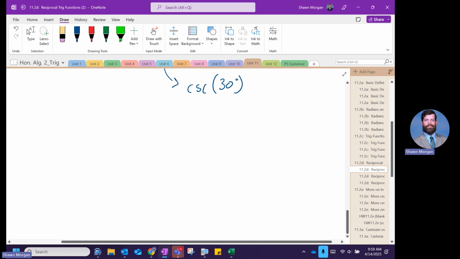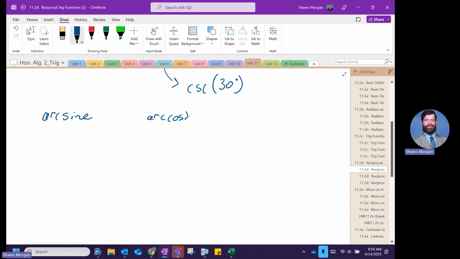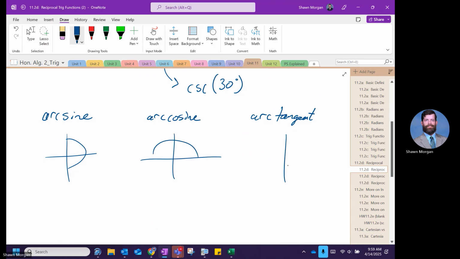But here's the rundown, okay? When we have our inverse trig functions, like arc sine, arc cosine, and arc tangent, each of these has what's called a principal value range, where our calculator is pre-programmed to only give you an answer that falls between these different angles.